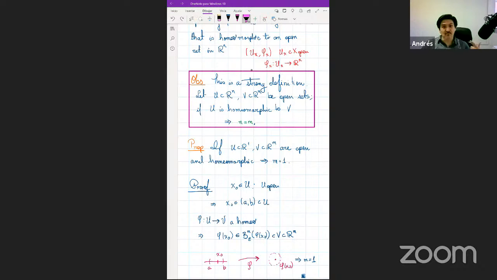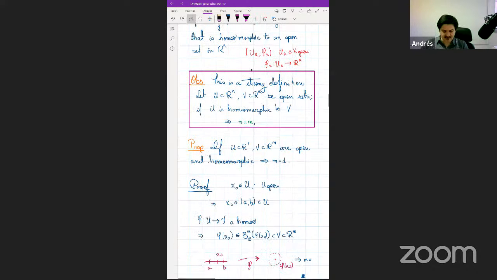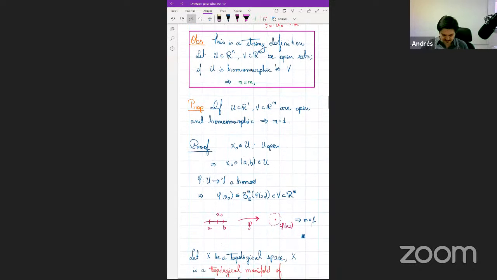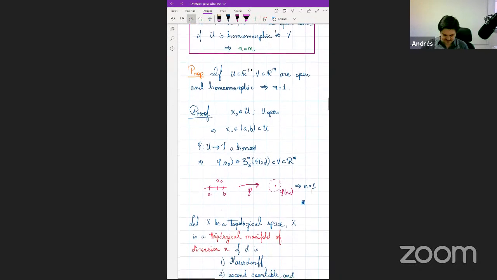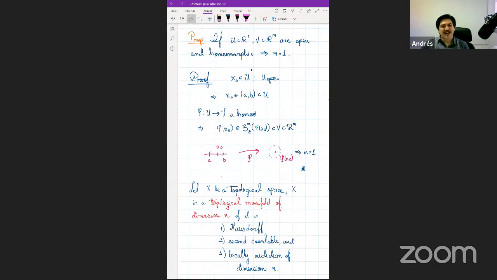Okay, remember, so far, we saw the definition of a topological space that is locally Euclidean. Every point has a neighborhood and a homeomorphism to an open set in Rn. Okay, so this is again topology.